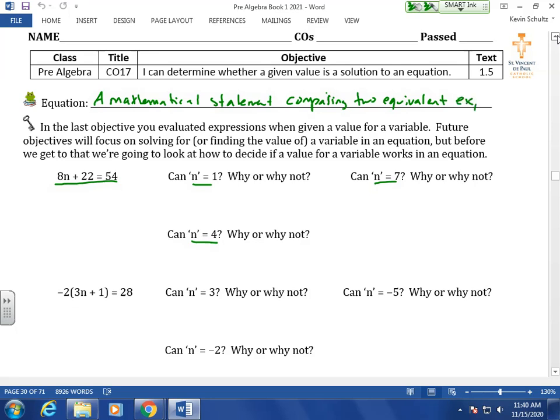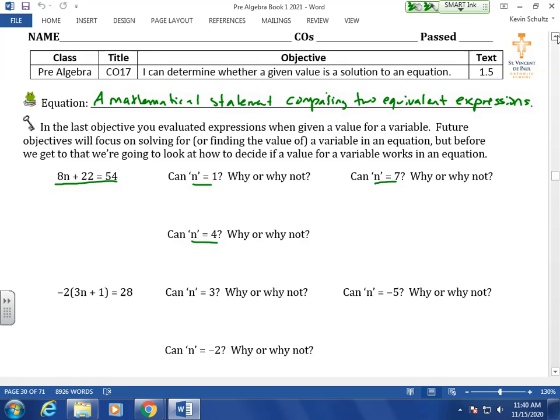Okay, an equation: a mathematical statement comparing 2 equivalent expressions. I'll say it again: a mathematical statement comparing 2 equivalent expressions.